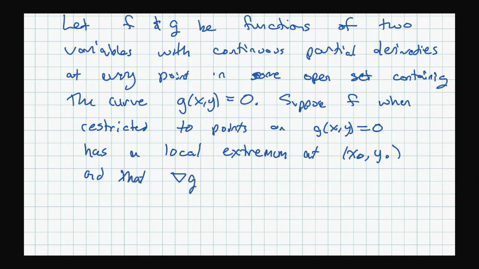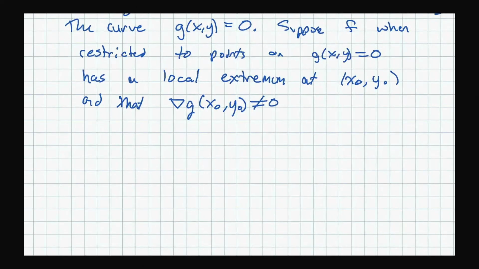And the gradient of g at x sub 0, y sub 0 is not equal to 0, then there is a number lambda.